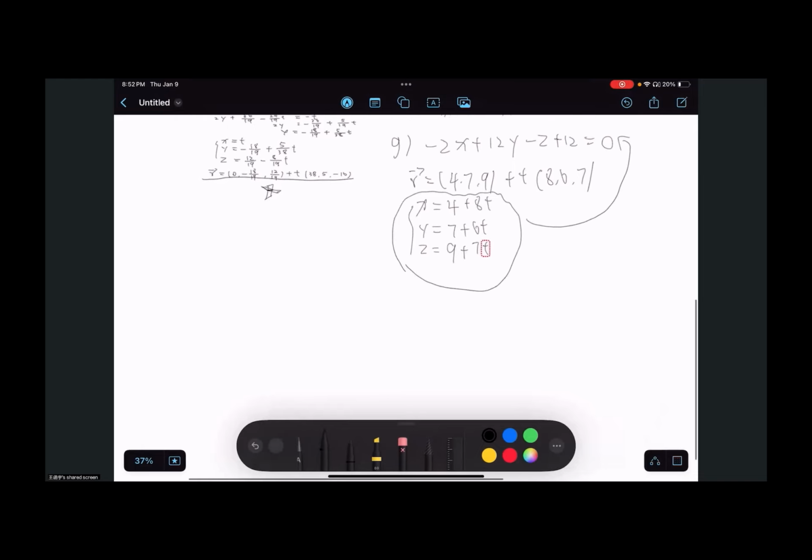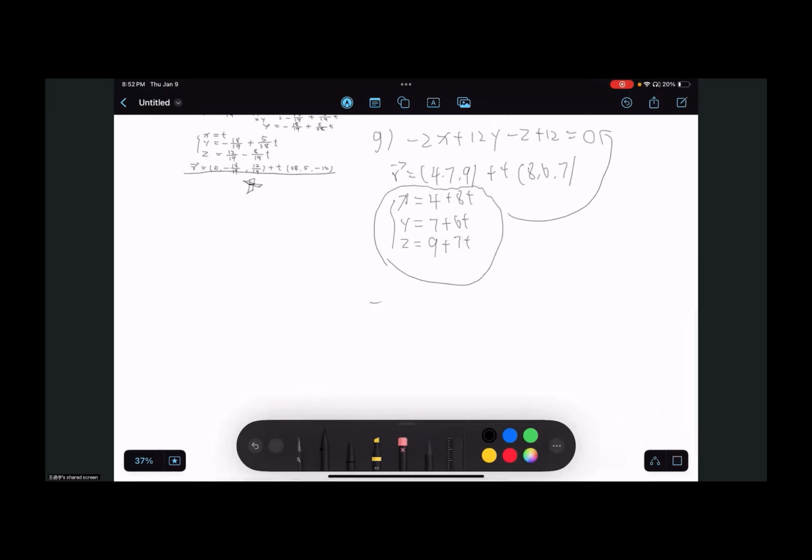So it's negative 2 times 4 plus 8t plus 12 times 7 plus 6t minus 8 times 9 plus 7t plus 12 equals 0.